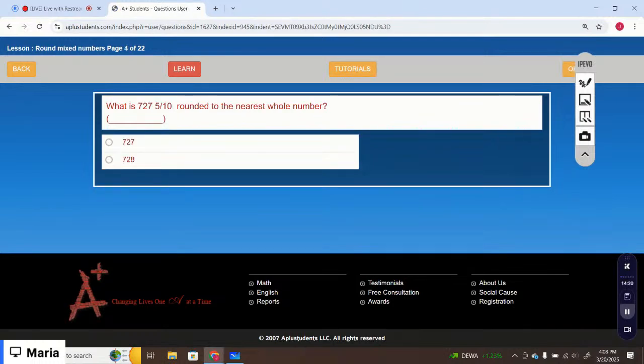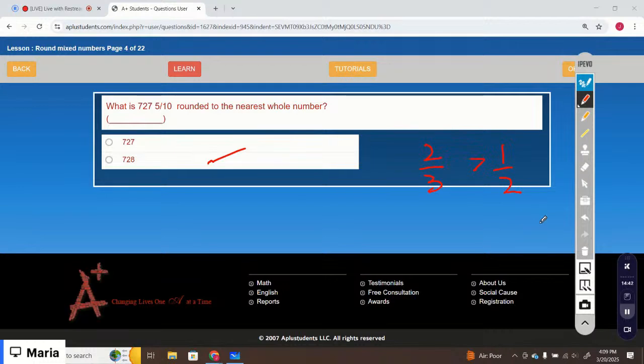What is 727 whole 5 over 10 rounded to nearest whole number? 727, that fractional part is 5 over 10.